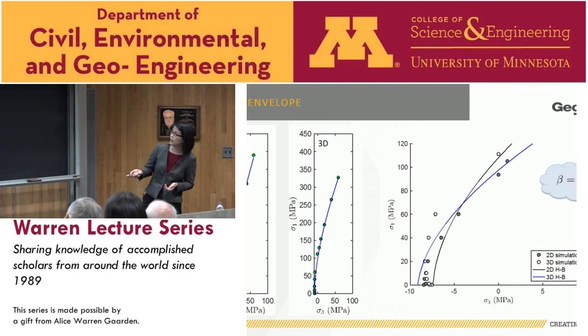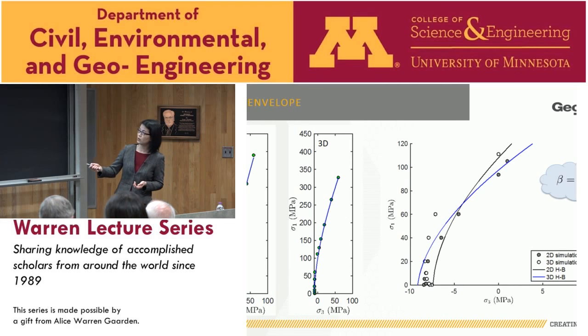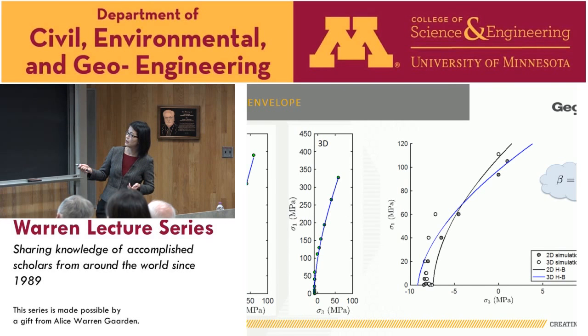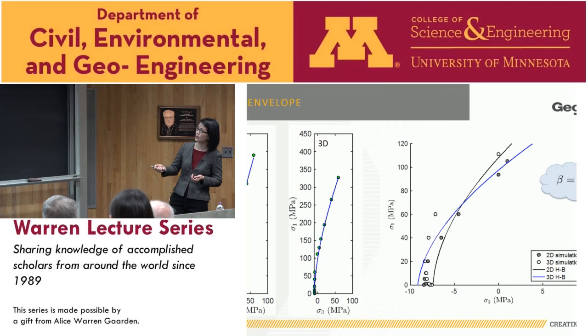Now, if we look at our result, here we also conducted confined triaxial compression and confined extension tests. These could be fitted very nicely with the Hoek-Brown criterion. But if we zoom in on the confined extension range, these dots are from the simulation.